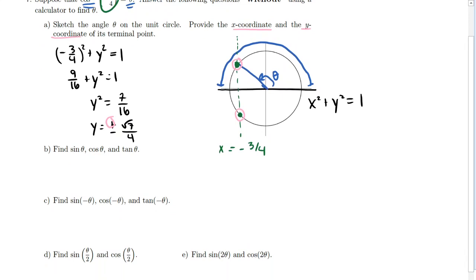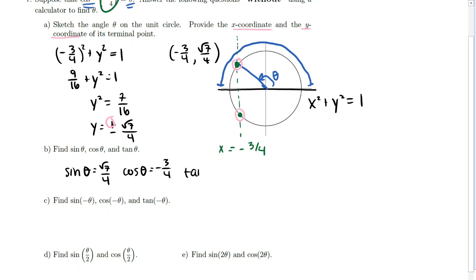Now we want to evaluate sine, cosine, and tangent of theta. Well, sine and cosine are the y and x coordinates respectively of our point. So if this point is negative 3 over 4, comma, square root of 7 over 4, then sine of theta is square root of 7 over 4, and cosine of theta is negative 3 over 4.